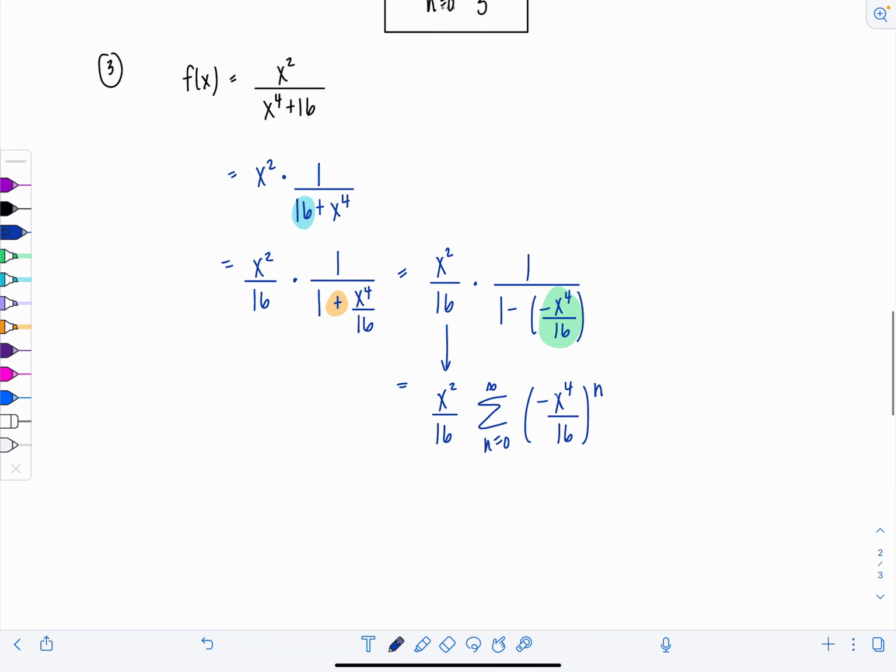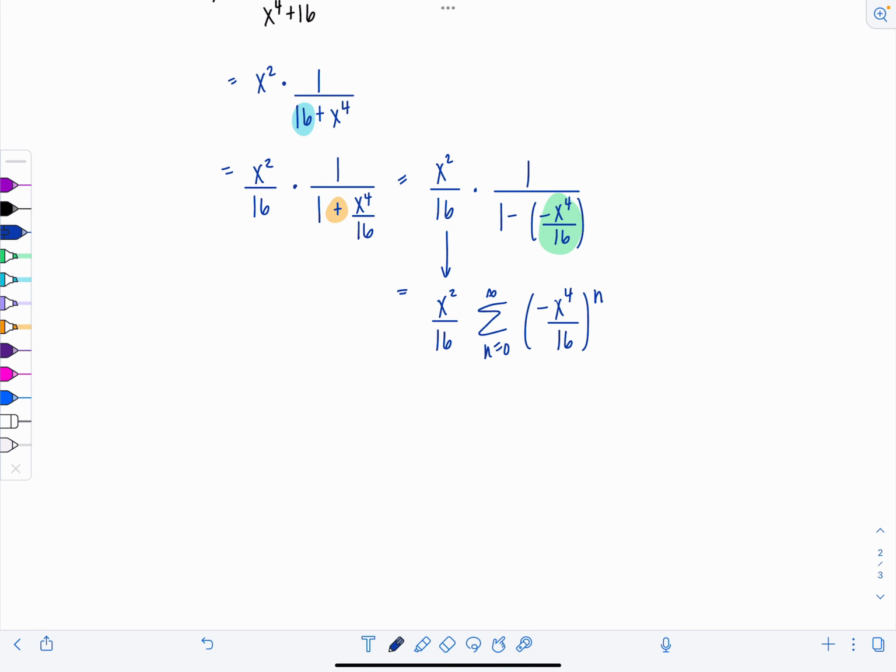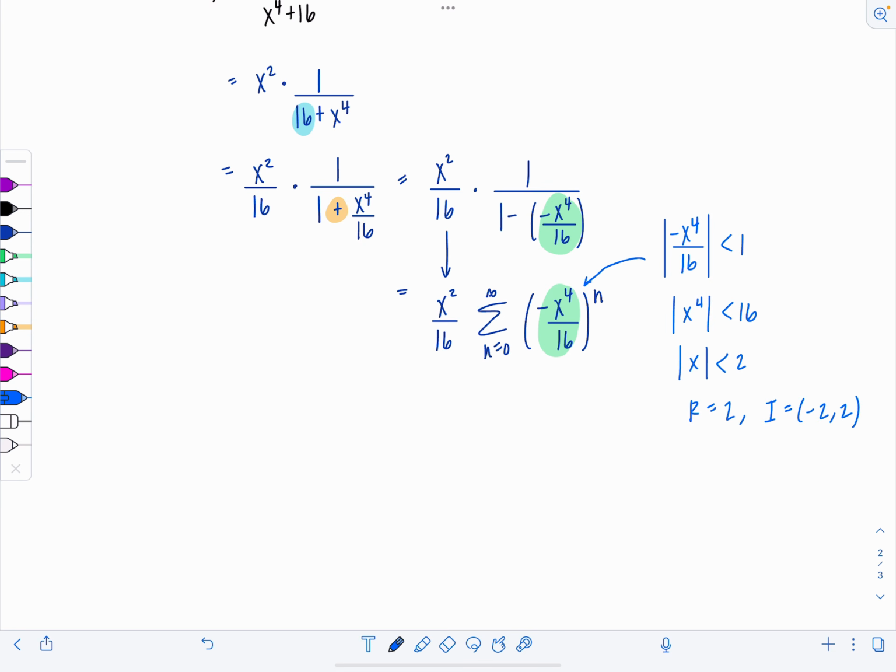Okay. Do you want to find the radius of convergence now? Why not? Here's R. We know that this sum converges if the absolute value of R is less than 1, which would mean the absolute value of x to the fourth is less than 16. And that happens if the absolute value of x is less than 2. So radius of convergence is 2, and the interval's from -2 to 2.